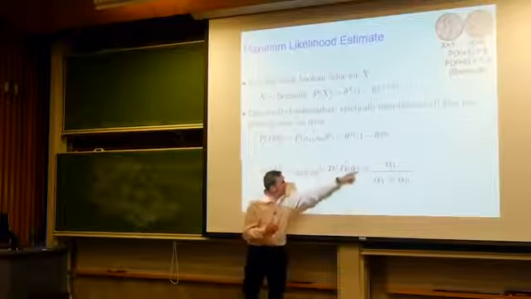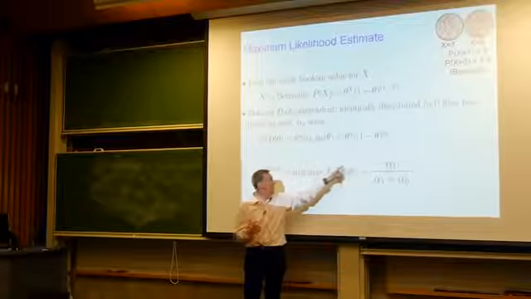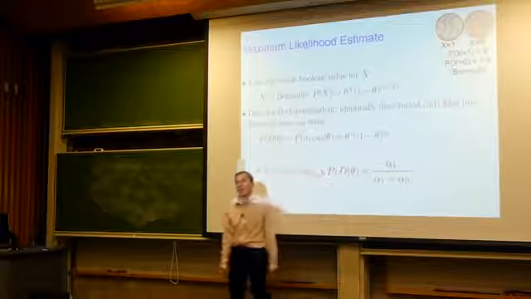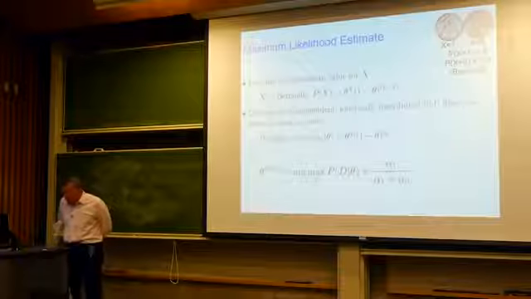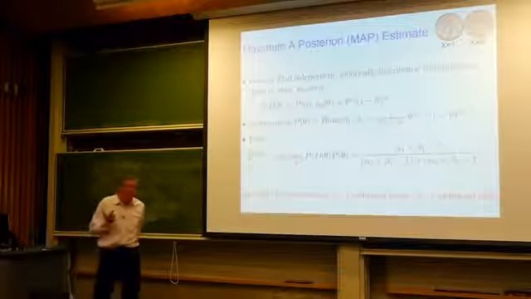And by the way, this term here is often called the data likelihood. It's so important that it gets its own name, but it's really just the probability of the observed data given theta.